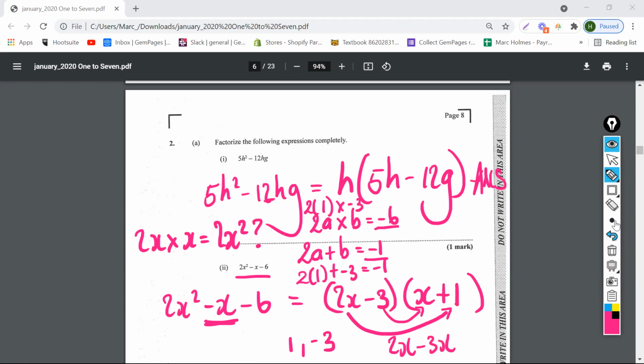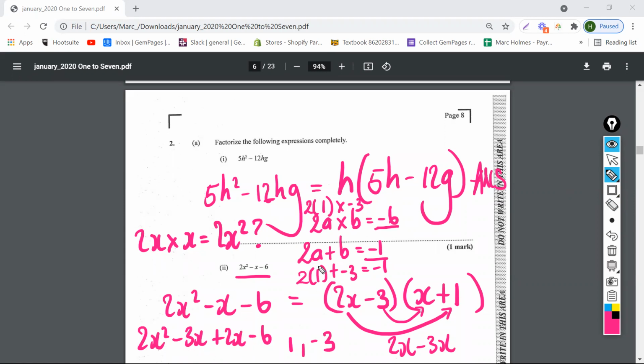Cool. Another way that some people do this, guys, is they say 2x squared minus 3x plus 2x minus 6, and then they solve. But I don't really like this method.